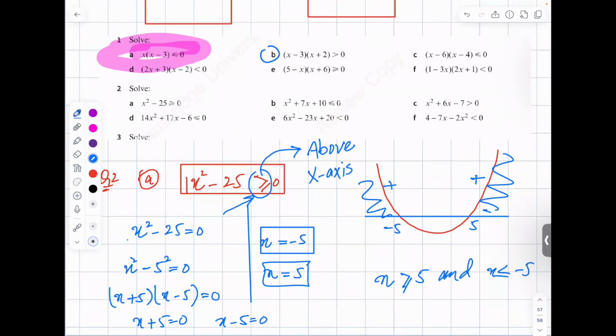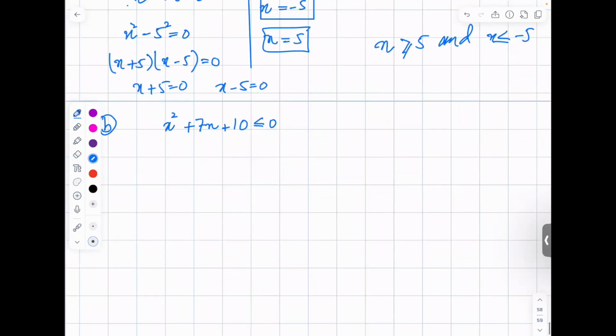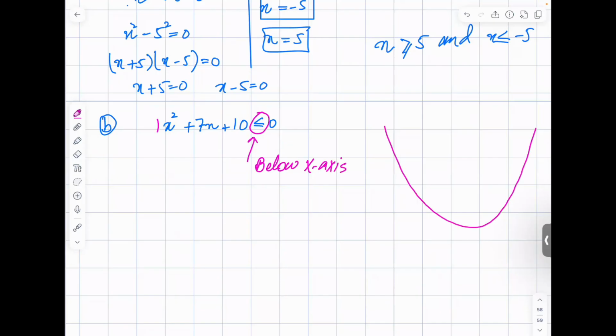Which part should we try now? Part B, x square plus 7x plus 10 less than equal to 0. Now, again, that would mean below x-axis, right? And the leading coefficient of x square is positive, that means it's a smiley face.